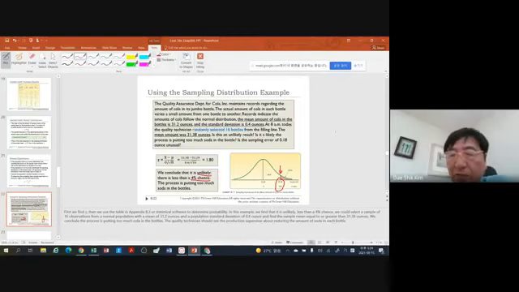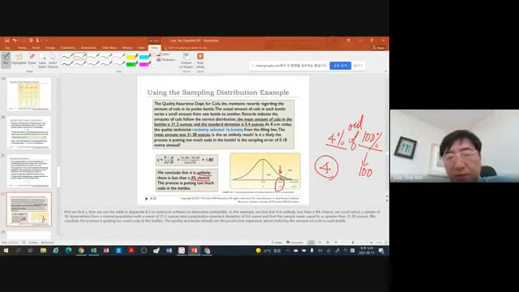So when you process 100 bottles, 4 bottles are overfilled. If you allow that, then it will be likely. If you cannot accept this as too much, then it will be unlikely. It depends on whether you accept this percentage as allowance.